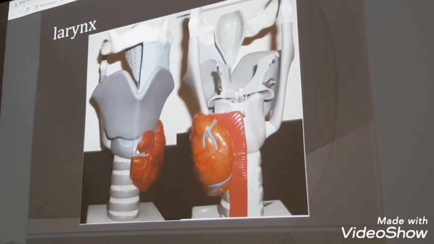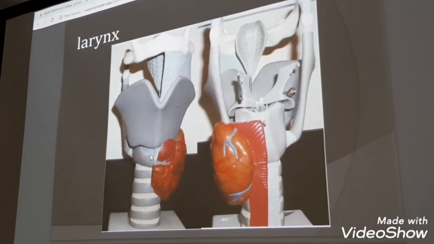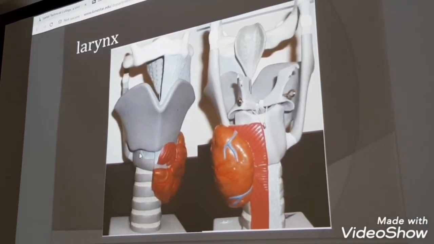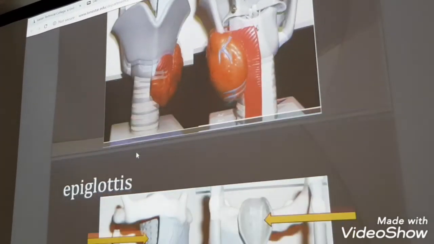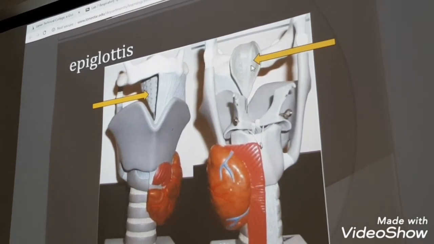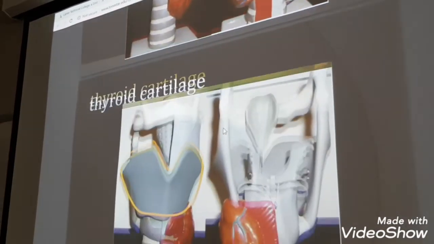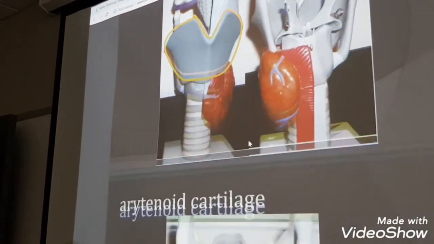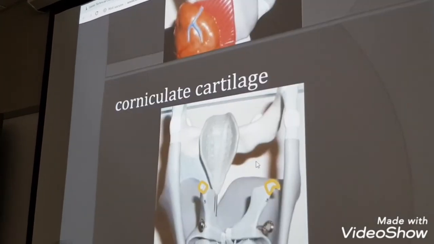Now in the trachea, the first cartilage ring has a special name, and it's cricoid cartilage. I believe I have a slide of it. So this is the epiglottis. It's the flap. This is the thyroid cartilage, arytenoid cartilage.